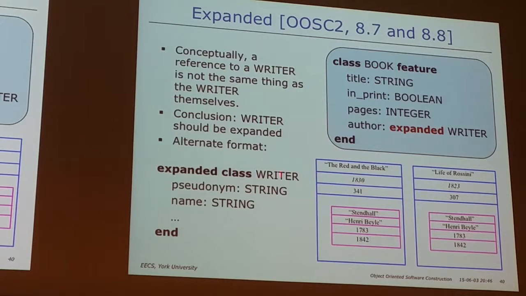That is to say, this expanded class writer will actually be an integral part of something else, for example, the book over here. So the pink object here is actually a writer object. This is a writer one, this is another writer. But now they actually belong to different book objects. Okay? So that's the expanded type.